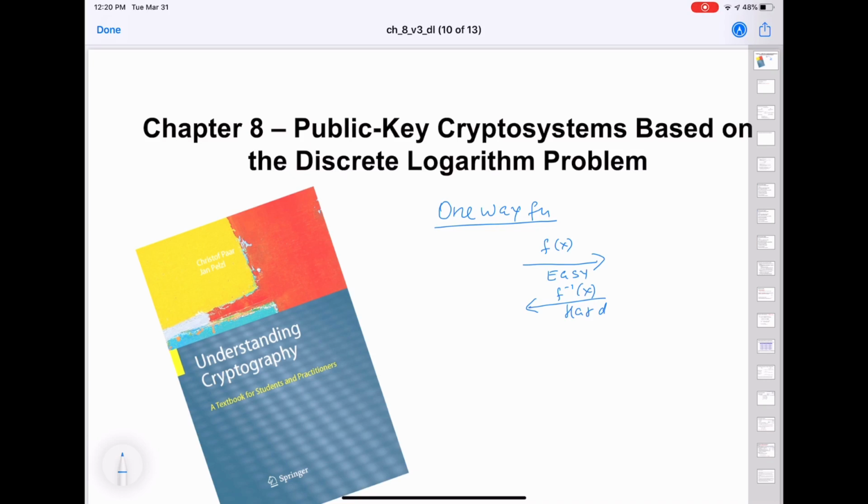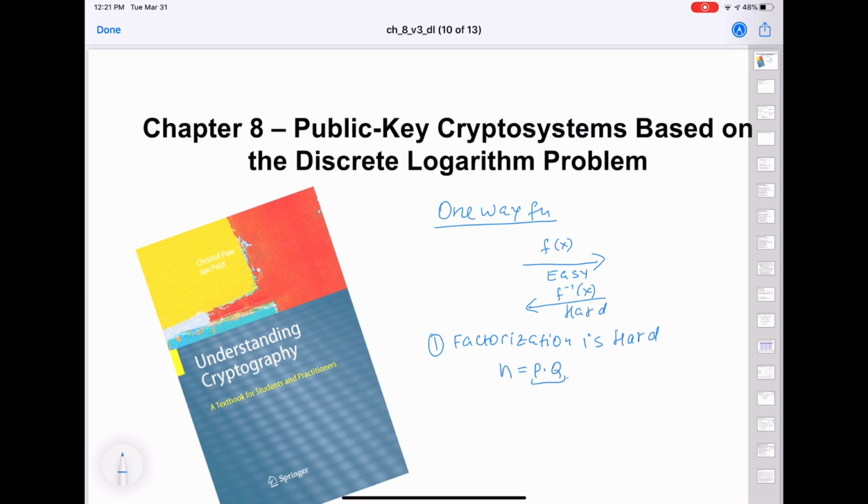For example, for RSA, I explained that there are three one-way functions. The first one, as you remember, is that factorization is hard. If you are given n, which has to be the product of p and q, evaluating p times q is easy.